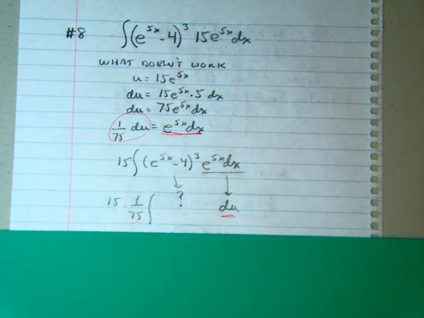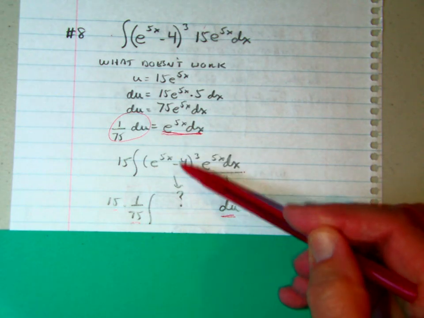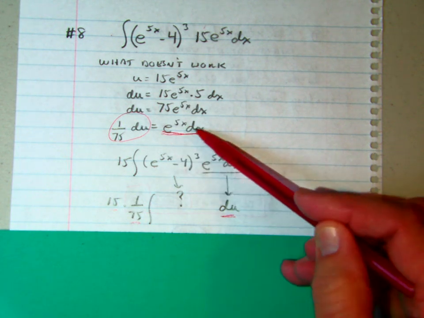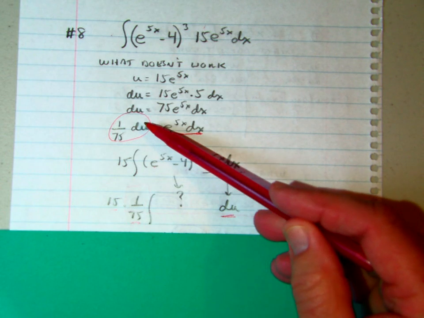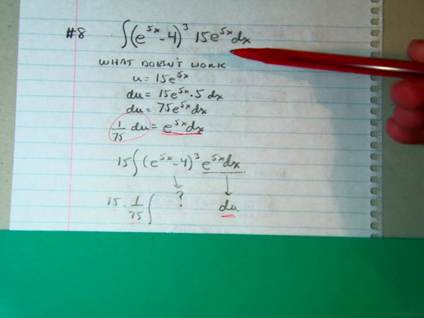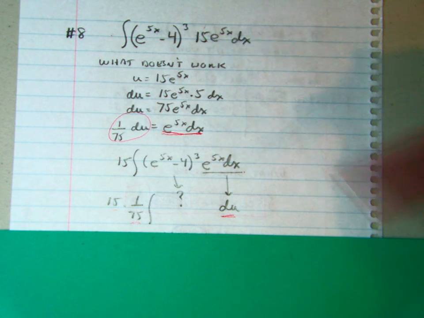What we're left with is we have to do some kind of substitution that gets this stuff in terms of u. Well, we don't have any e to the 5x minus 4s, that's for sure. We do have an e to the 5x, so we just have that minus 4 constant, but we'd have to bring this back over here, which would give us a du dx substitution inside of this, and we're just looking at a train wreck. It's not going to work. It's not a good choice to let u be 15 e to the 5x.